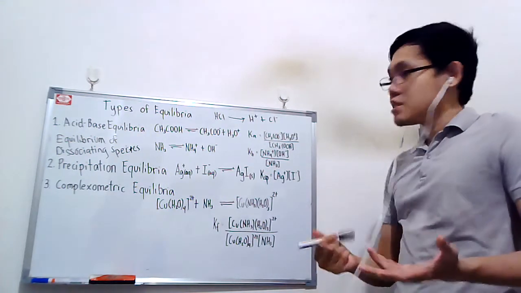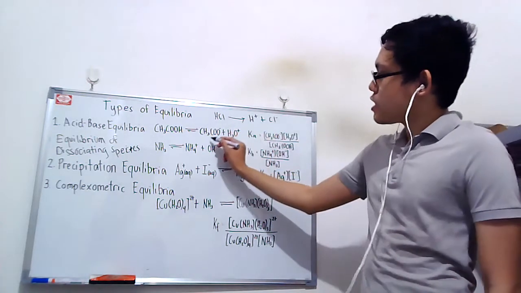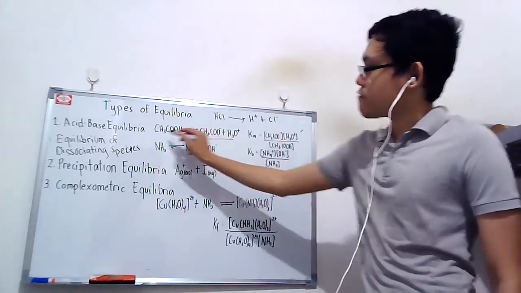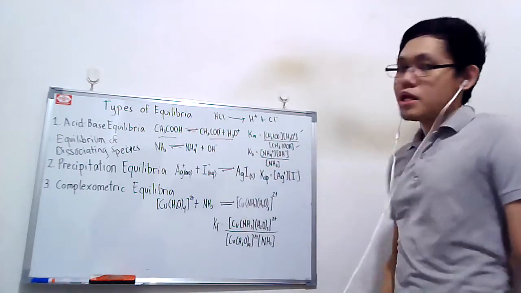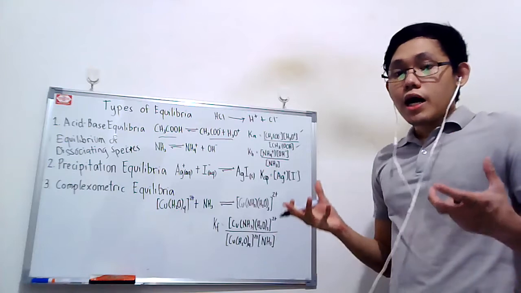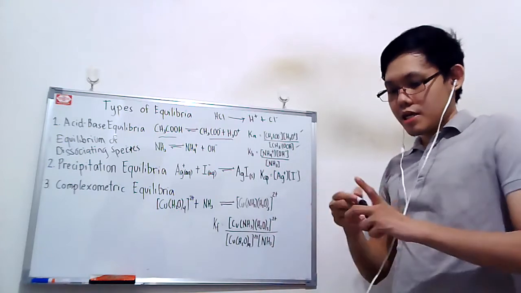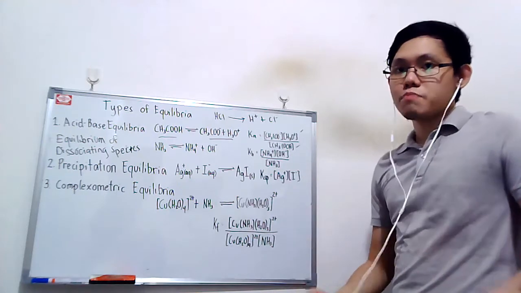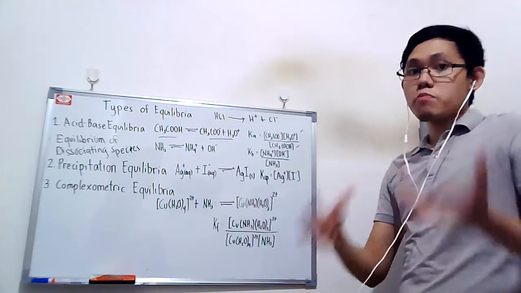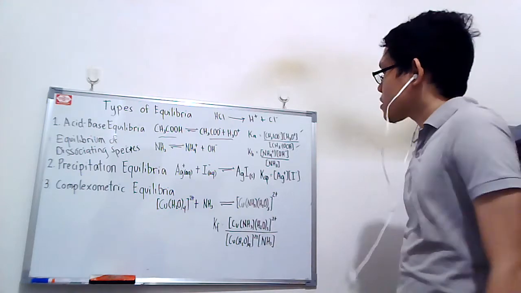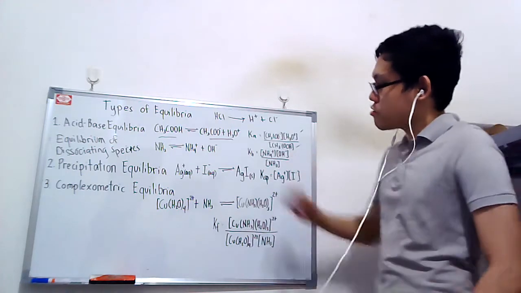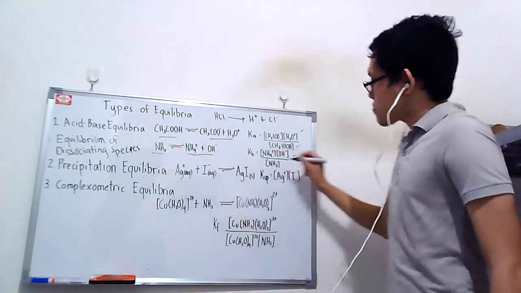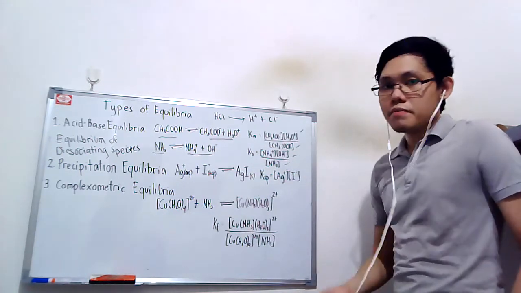So kung mapapansin natin dito, yung nasa right side ng equation, sila yung nasa numerator. And then, yung nasa left side, sila yung nasa denominator. So, kailangan nyo itong tandaan kasi magkakaroon mamaya ng difference pagdating sa formation constants naman. So sa Kb, same lang din. Yung nasa right side, nasa numerator, and then yung nasa left side ay nasa denominator.